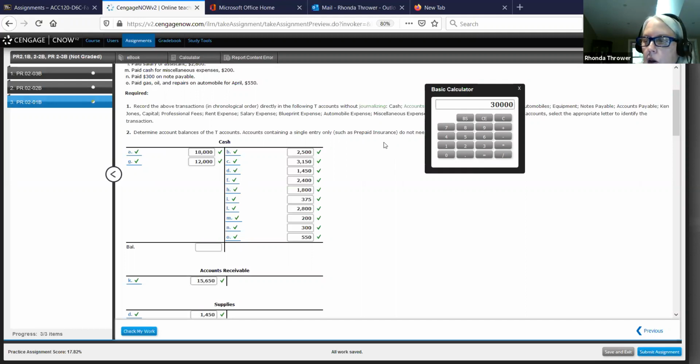I'm simply going to total them up first. Then what you need to do is total up all your minuses. The total of the minuses is going to be subtracted from the total of the pluses to get the remaining balance. So I added my debits first and got a total debit amount of $30,000. Write that down.